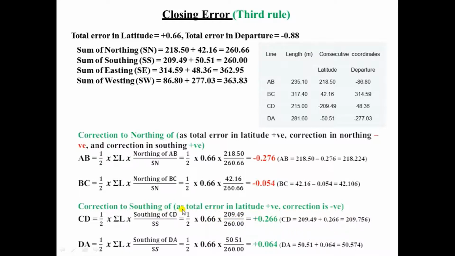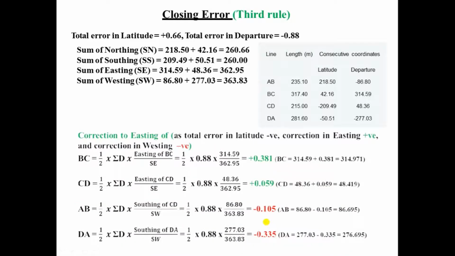But we have to note that the total error in latitude is positive, so the correction is negative. We should not apply the correction merely as per the total error; we also consider the sign of that error while applying the correction.